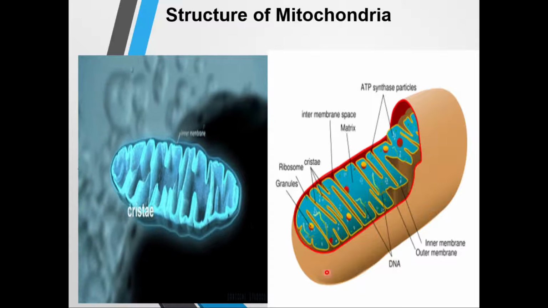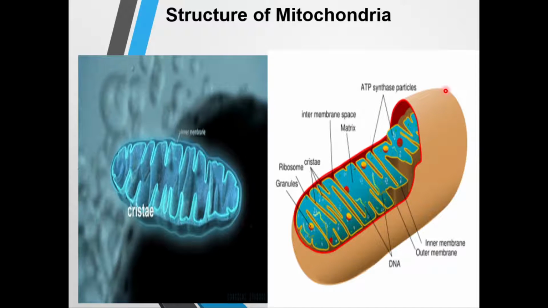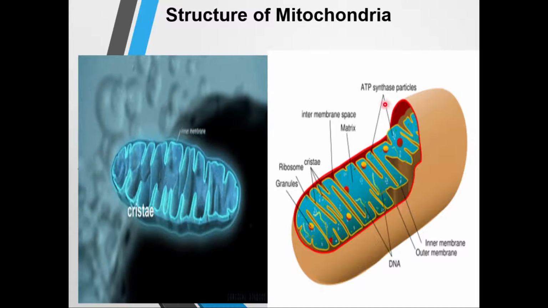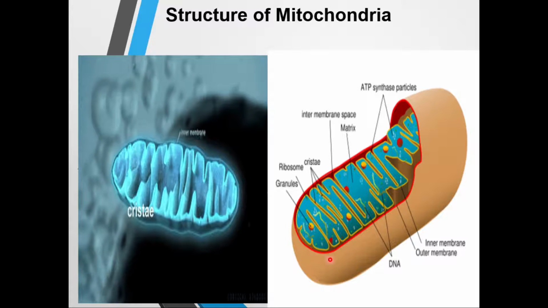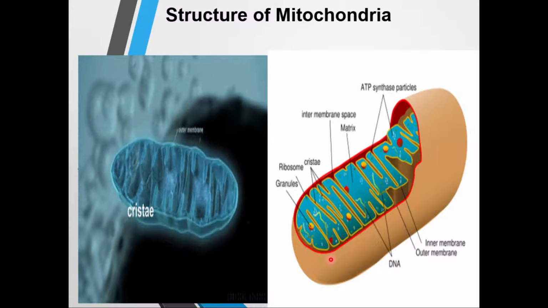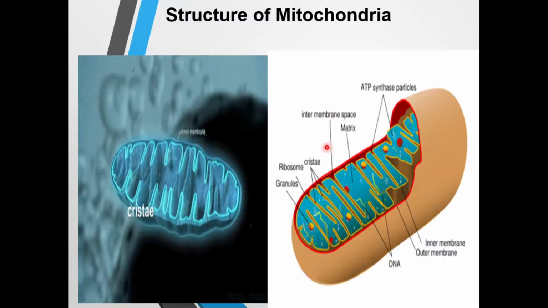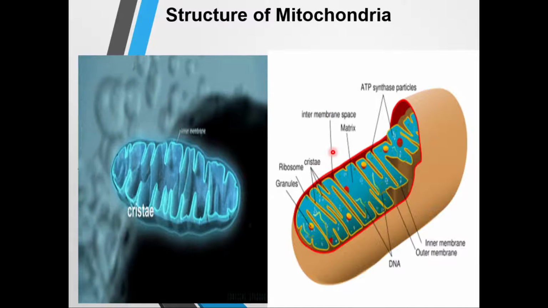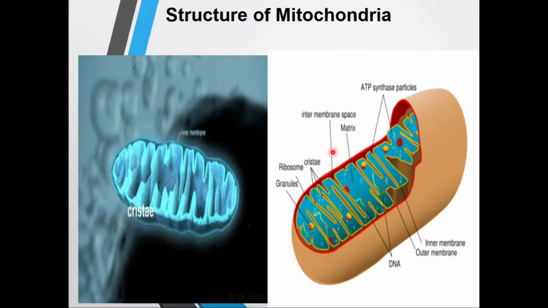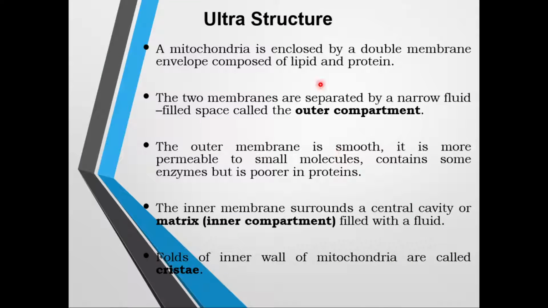That's why mitochondria generate energy. It synthesizes ATP molecules, hence it is called the powerhouse of the cell. So this is all about the ultrastructure, and this is an animated diagram, so you can now understand the structure of mitochondria. Now let's see the ultrastructure one by one.